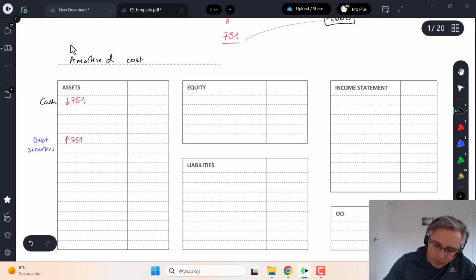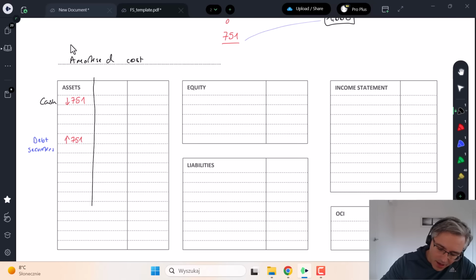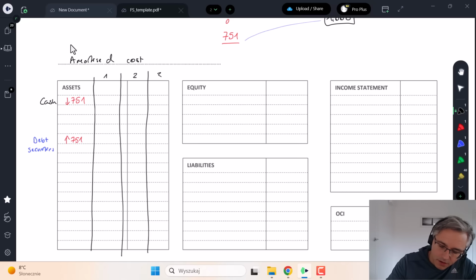What we will do is every one of those 3 years when the bond is held, so over here I'm making columns for year 1, year 2, and year 3, we would increase the value, the carrying amount, the value at which the asset is measured by 10%.